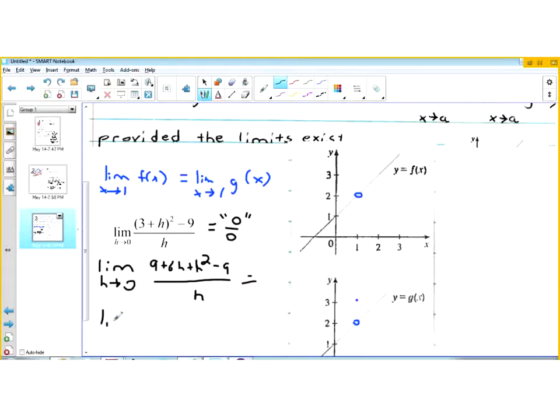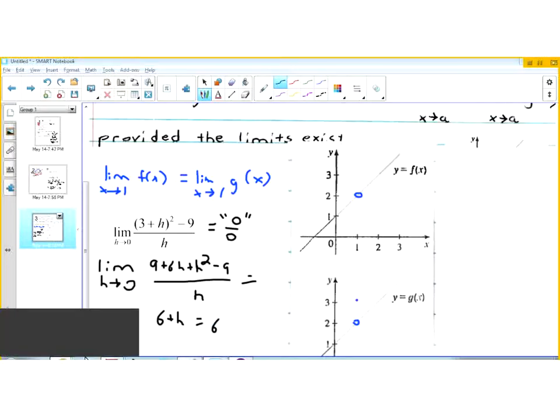Okay, and that is equal to the limit as h approaches 0 of 6 plus h. Okay, and that is equal to 6. So the limit does exist.